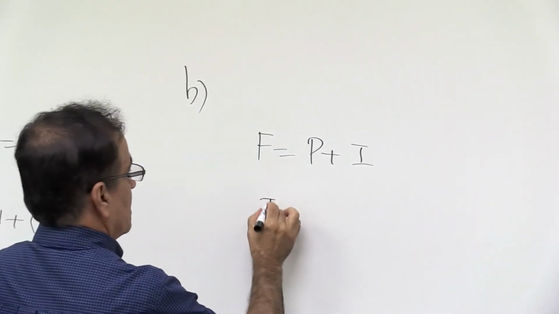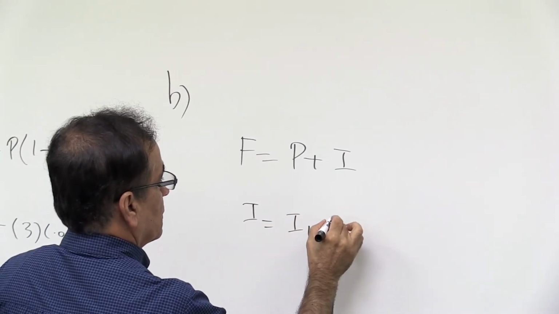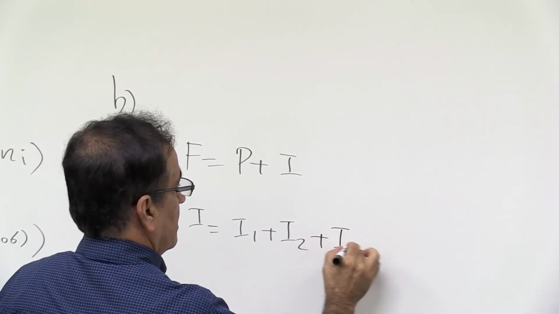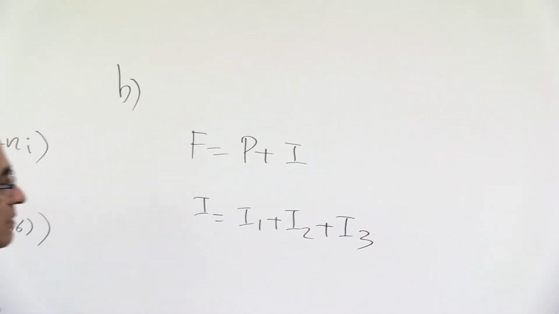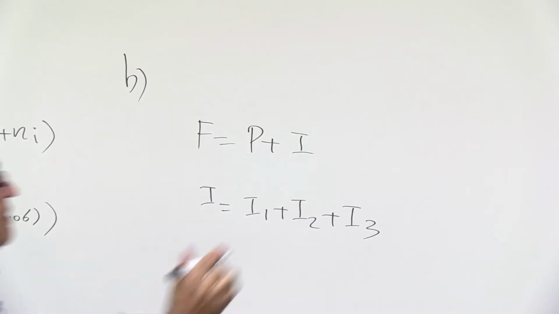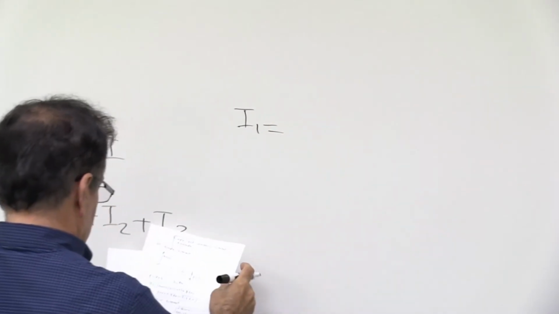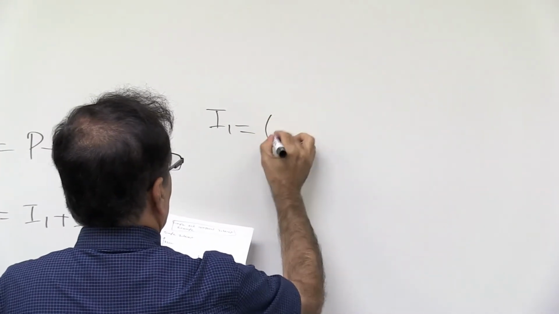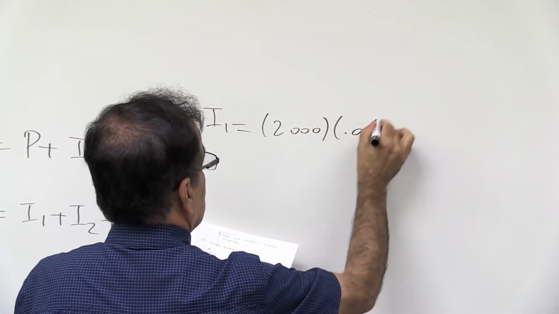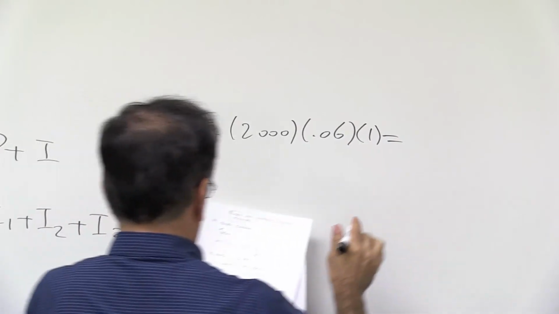So the I is going to be equal to I1, the interest for the first year, I2, the interest for the second year, and I3, the interest for the third year. Now we're going to find all the interest. I1 is equal to the principal, which is 2,000, times 6%, with only one period, times 1.